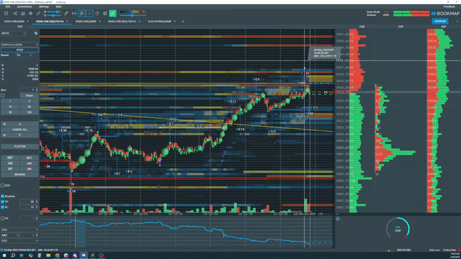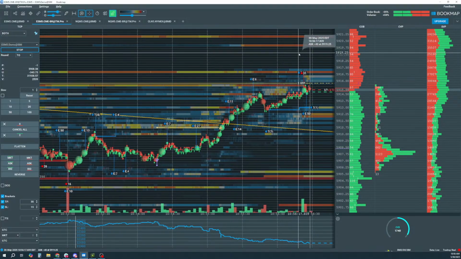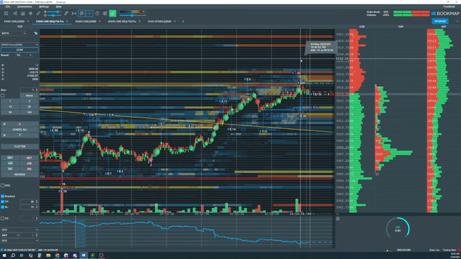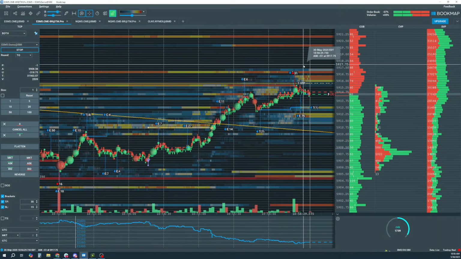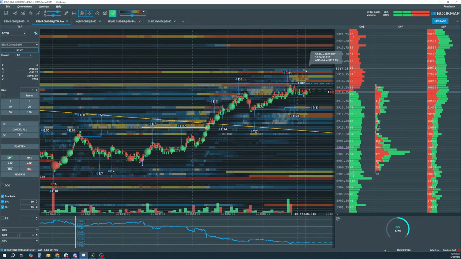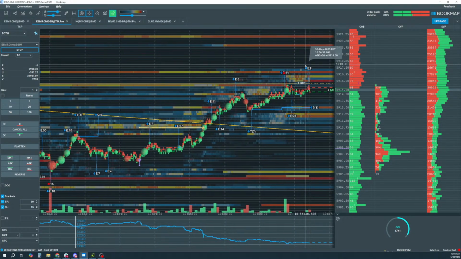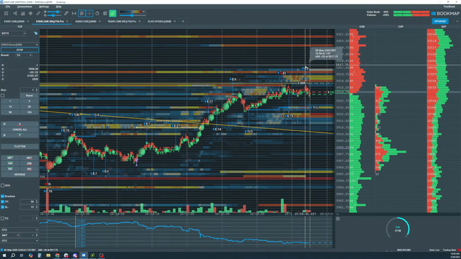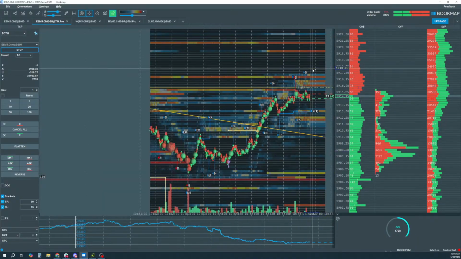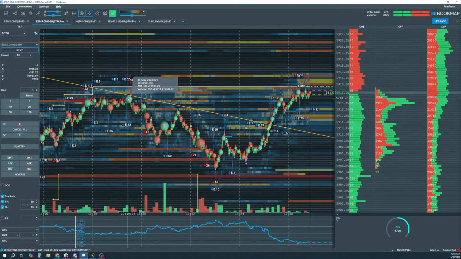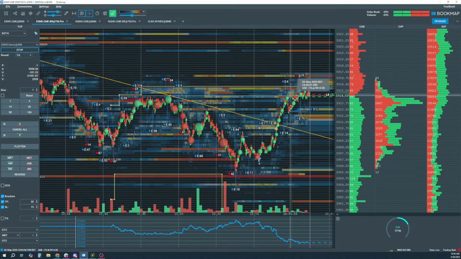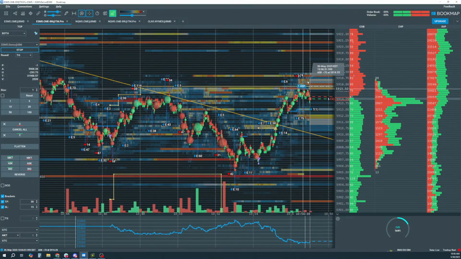Okay, there's a little bit of a stop run. Well, I would say this is an opportunity to sell. But we're still seeing if we can find some buyers here.